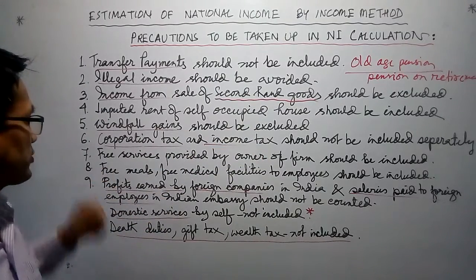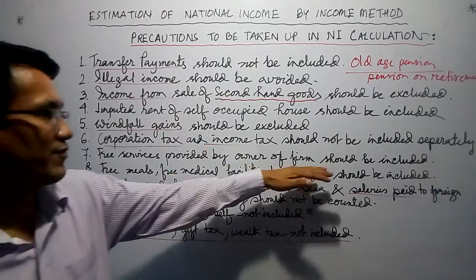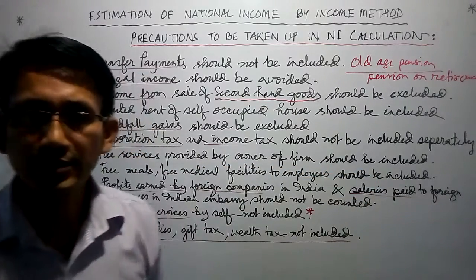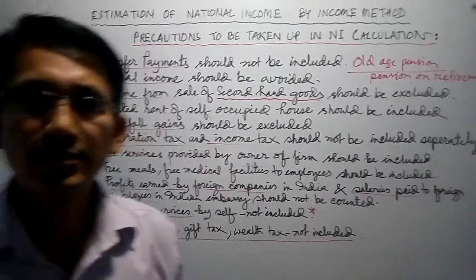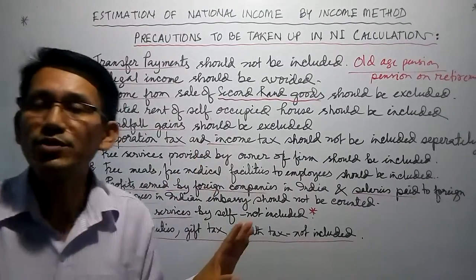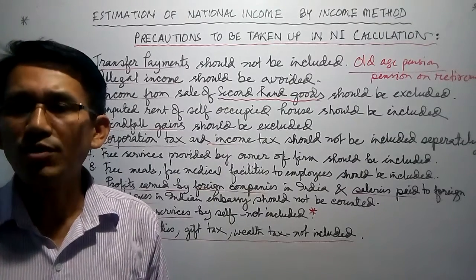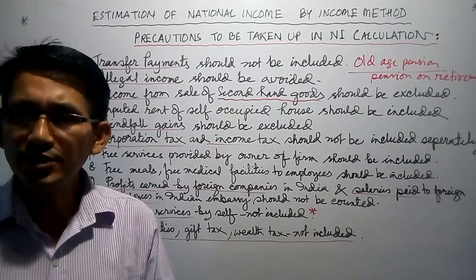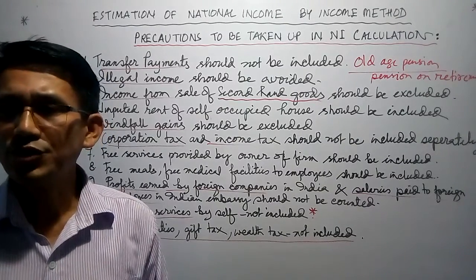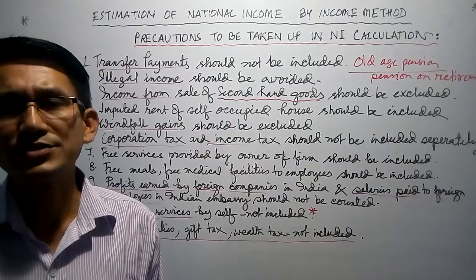Then let us see the next point: free services provided by the owner of the farm. Whether they should be included, of course they should be included. Owners work in their own production unit or farm, but they do not take salary. Owners provide finance, but they do not charge any interest.